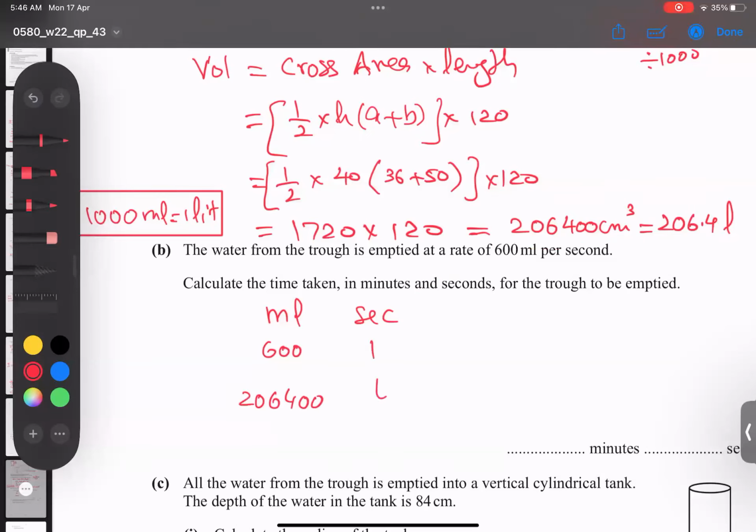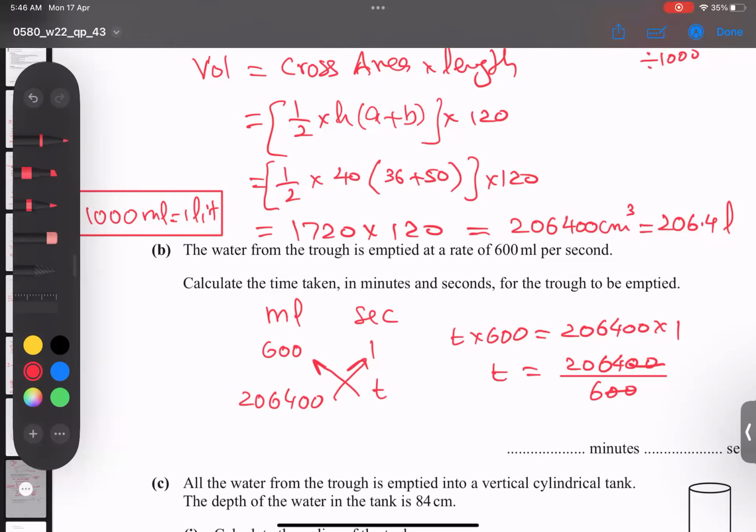2064000 ml in how much time? Cross multiply. So T times 600 equals 2064000 times 1. So this divides 2064000 and is divided by 600. This cancels out, and 2064 divided by 6 is coming 344.